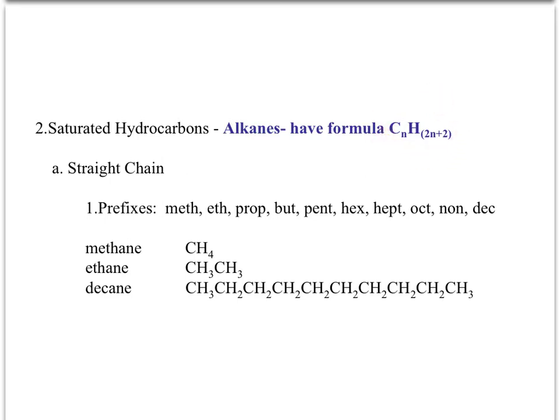We'll come back to that in just a minute. If the molecule is saturated, that means it's got all single bonds, and you use ANE to indicate that. So the first molecule here, CH4, you're going to use meth because that indicates 1 carbon, and then you're going to say ANE to tell you that it's saturated.